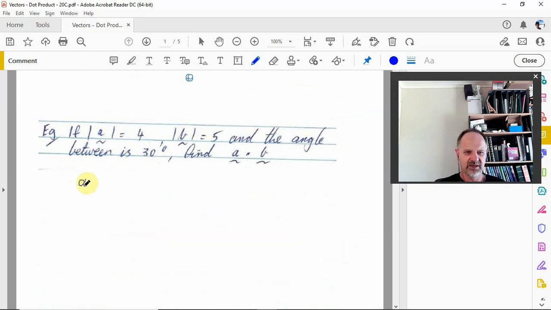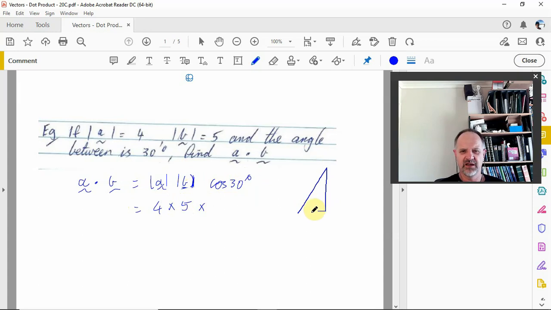So as we've just learned, A dot B is the magnitude of A times the magnitude of B, straight, not curved, it's not a bracket, it's an absolute value sign, times cos of 30. So the magnitude of A is 4, magnitude of B is 5, cos 30.